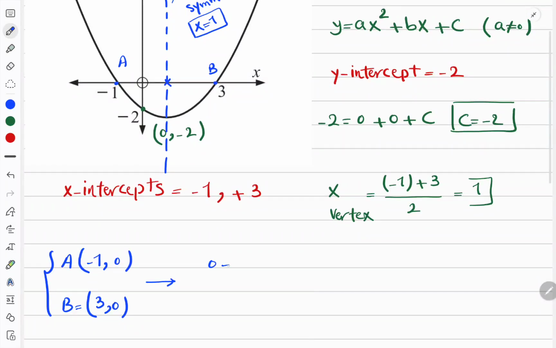Okay, so 0 equals a times -1 squared plus b times -1 plus c, and c is -2.